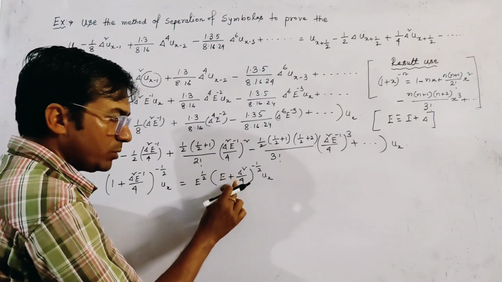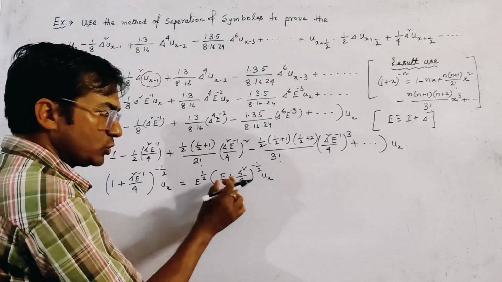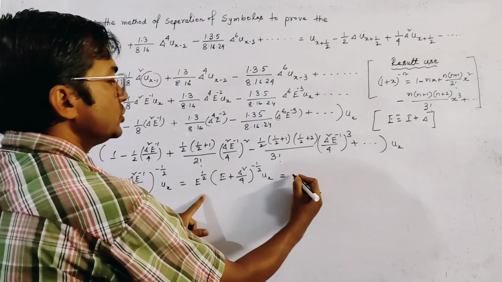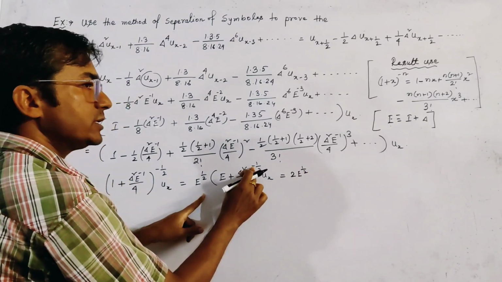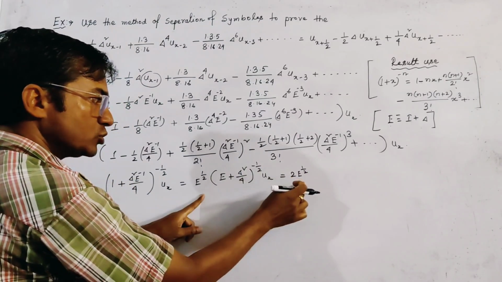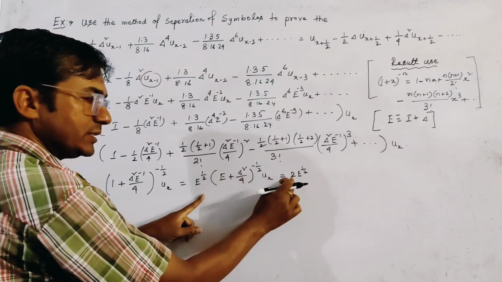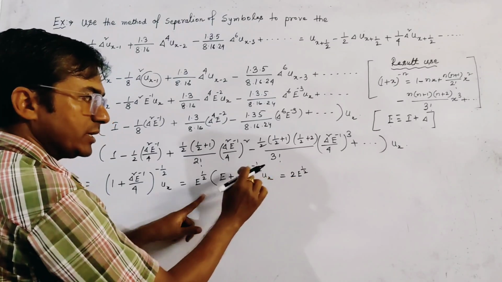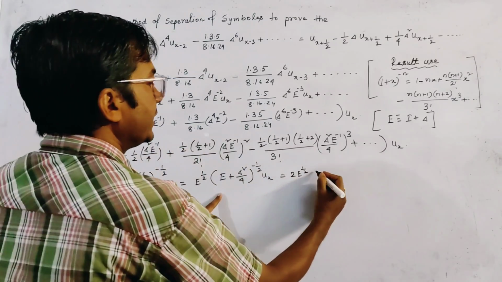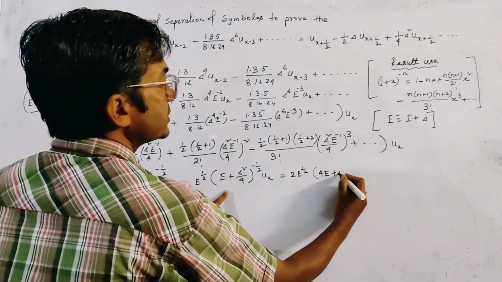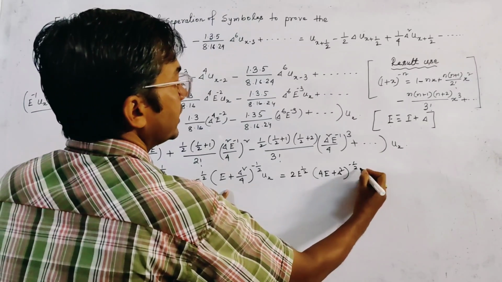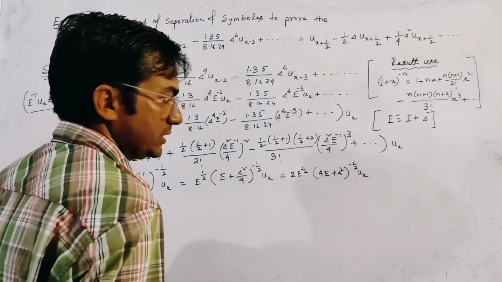Now taking 1/4 common from this bracket, we write outside 2 because 4 to the power minus 1/2 is 2, and in the bracket 4 into (E plus delta squared) to the power minus 1/2 into u_x, with E to the power half outside.